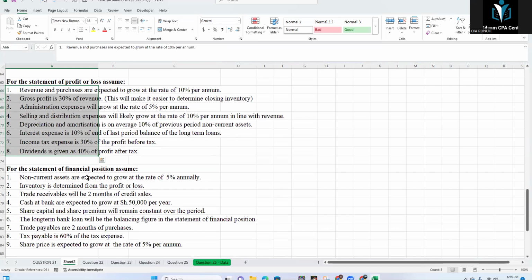Then current assets are expected to grow at the rate of 5% annually. Inventory is determined from the profit or loss, as they have given us that assumption here. Trade receivable will be 2 months of credit sales.